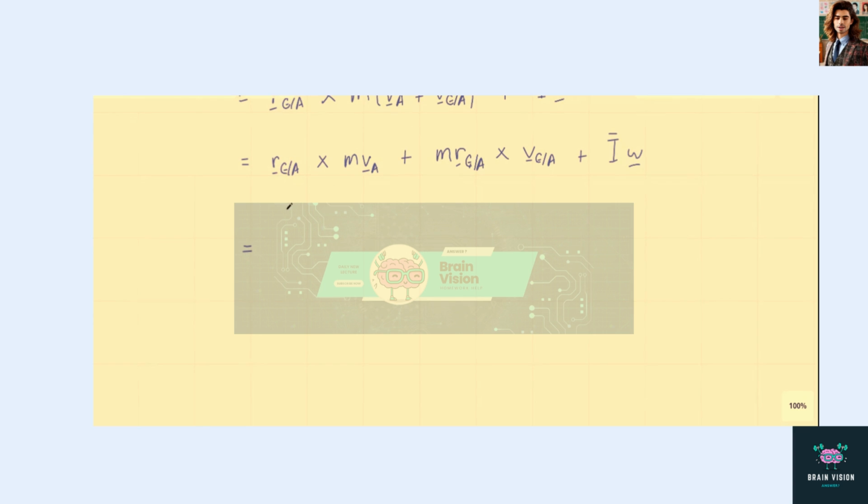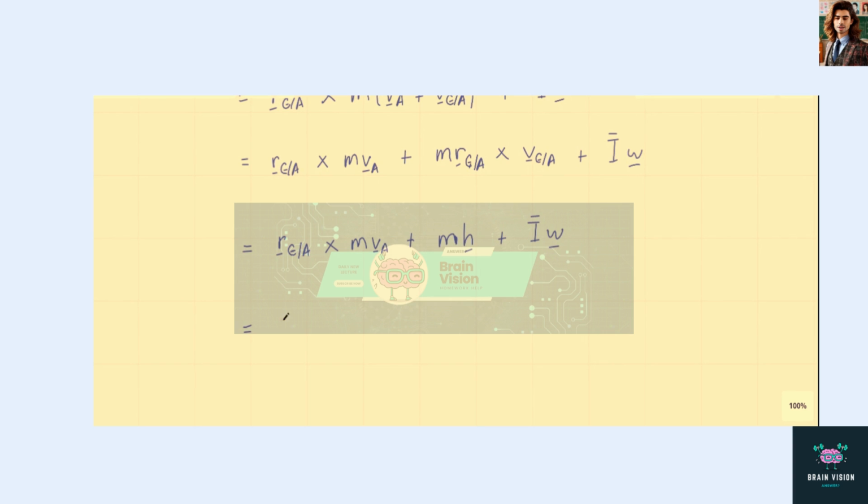What we end up with is r_GA cross with m V_A plus m times the vector we defined as H, mH, plus I bar omega.